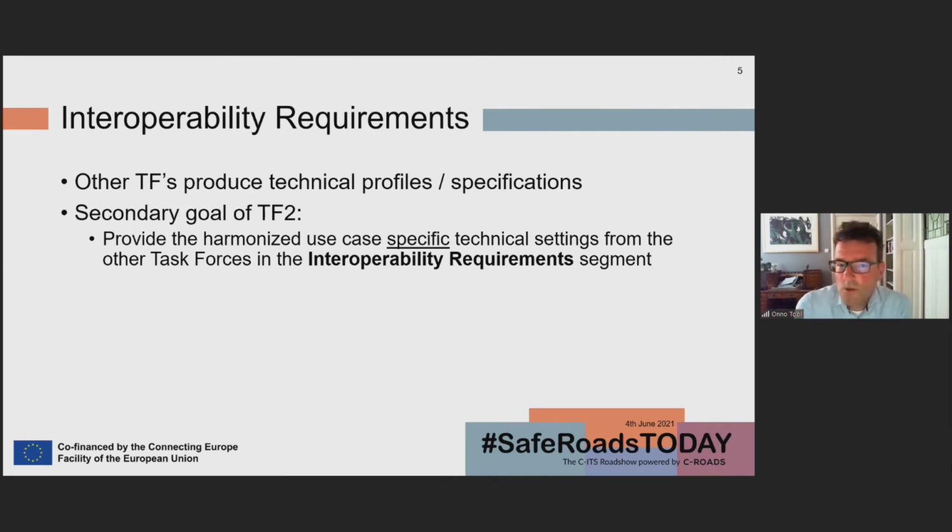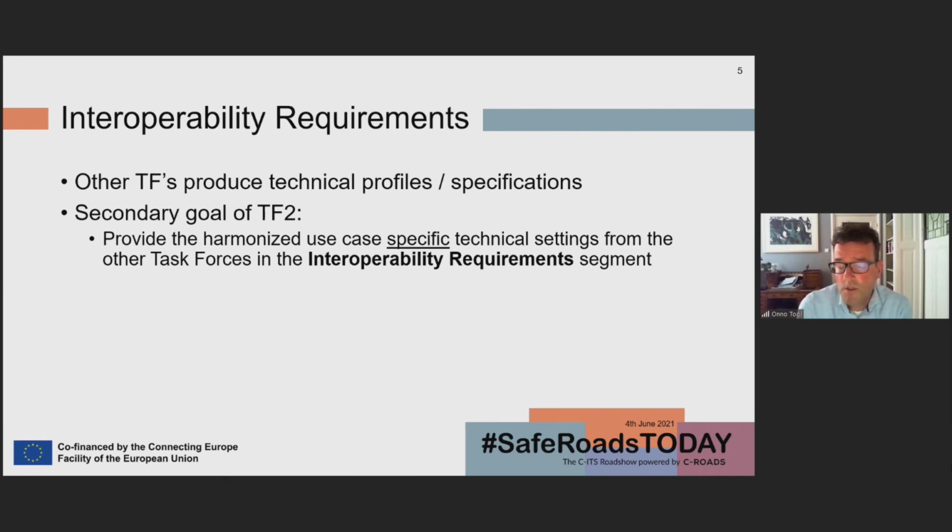Then we come basically to the second part of the use case description. And in that part, we talk about the interoperability requirements. Just as you've seen and shown by Marie-Christine and the whole flowchart of the Working Group 2 implementations, the other task forces produce a lot of technical profiles and specifications. Most of them are all generic profiles.